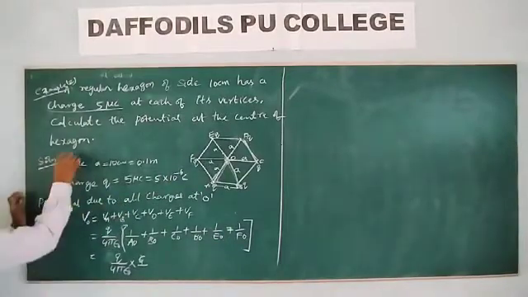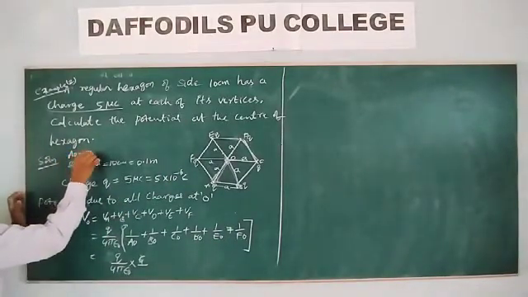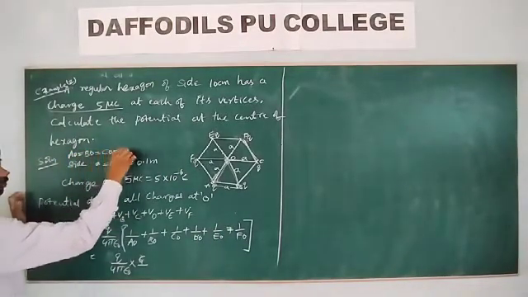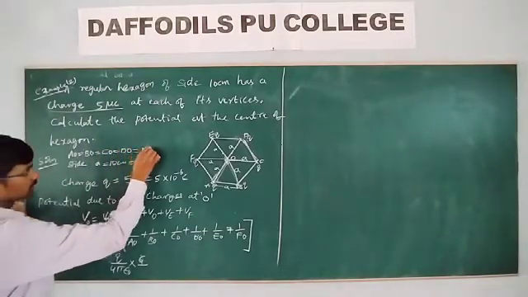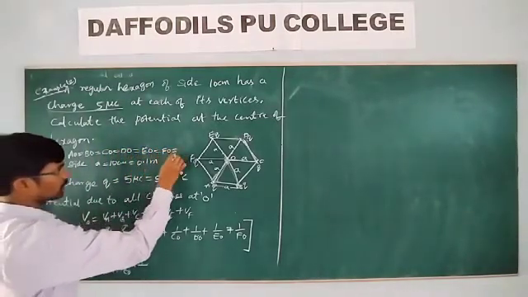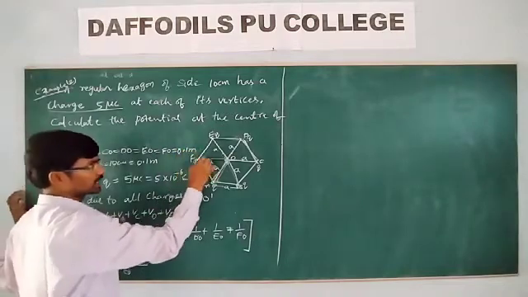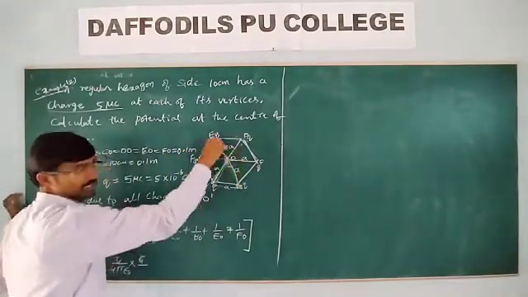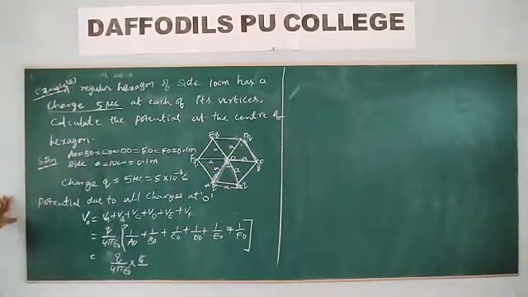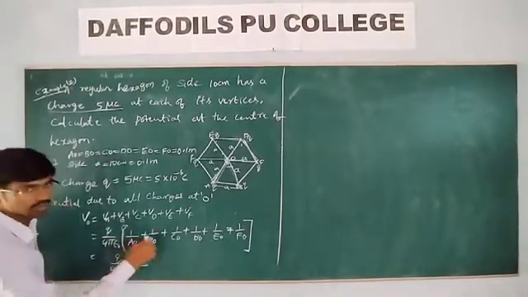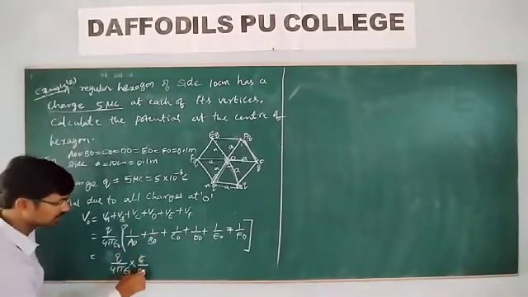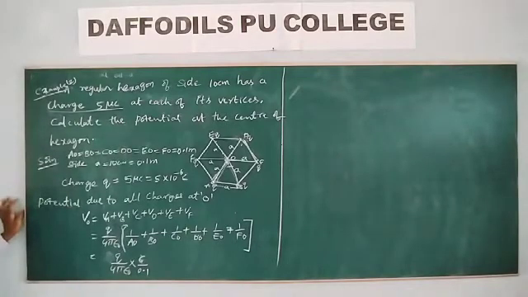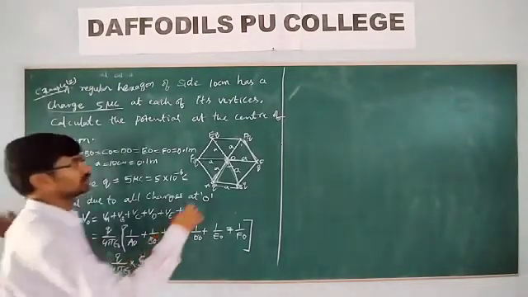All are same, and each is equal to 0.1 meter, because all are equilateral triangles. So regular hexagon. Then 6 added, all added. 6 by 0.1.